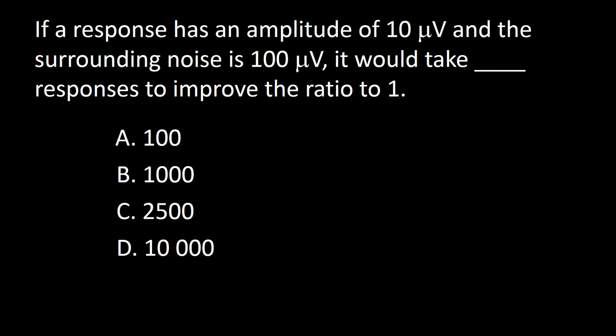Next question. If a response has an amplitude of 10 microvolts and the surrounding noise is 100 microvolts, it would take dash responses to improve the ratio to 1. A, 100; B, 1000; C, 2500; D, 10,000.